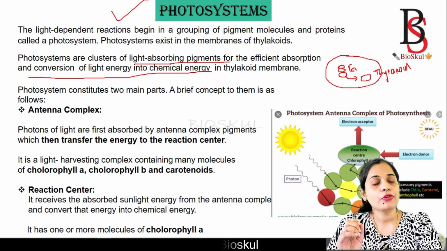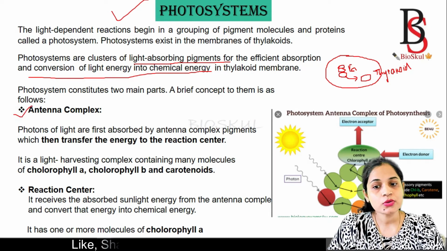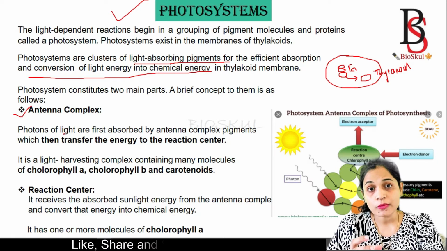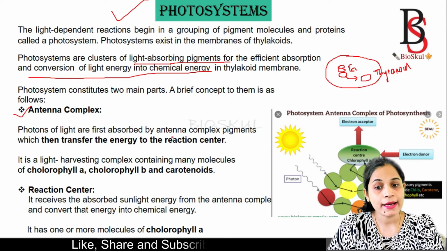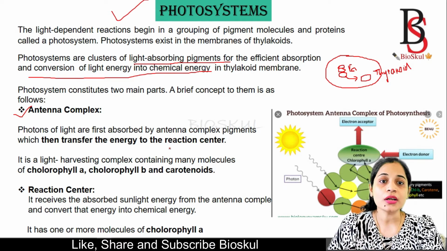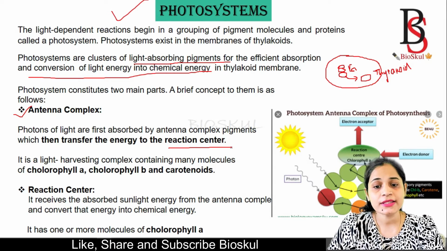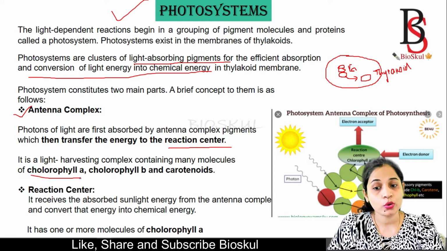And you know that a photosystem mainly consists of 2 parts. The first one is known as the antenna complex. Photons of light are first absorbed by the antenna complex pigments, which then transfer the energy to the reaction center. The antenna complex contains many molecules like chlorophyll A, chlorophyll B, and carotenoids.